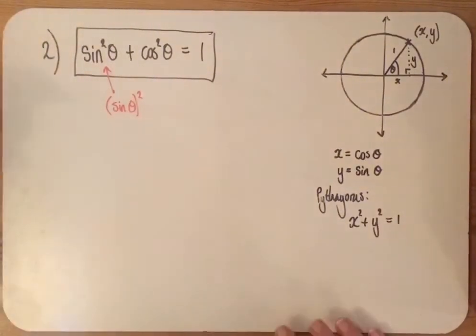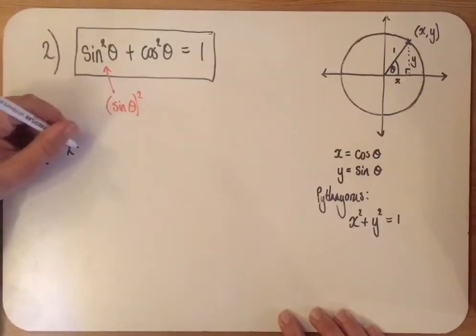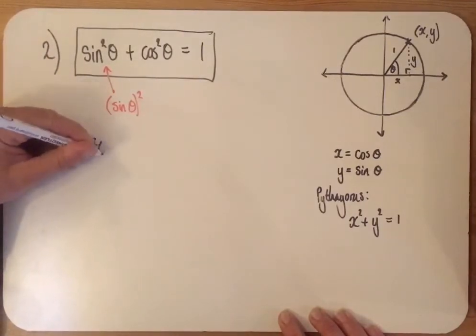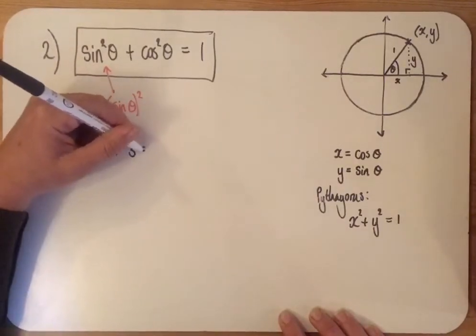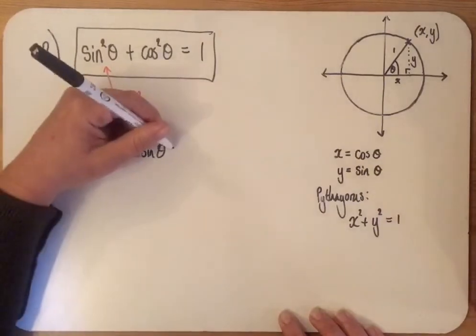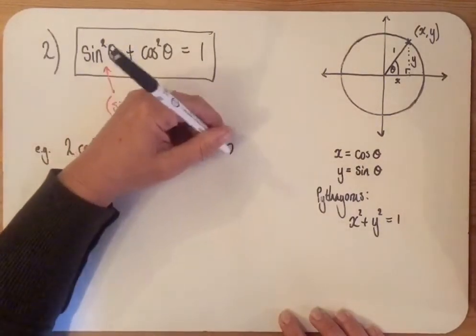So the place where you'll use this is also in equation solving. So if we have 2 cos squared theta plus 3 sine theta equals 3, and we'll just go between 0 and 180.